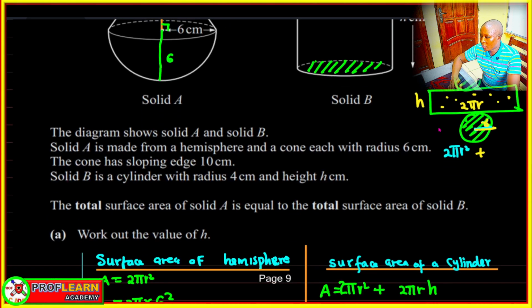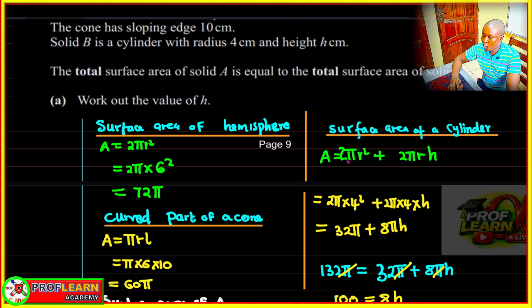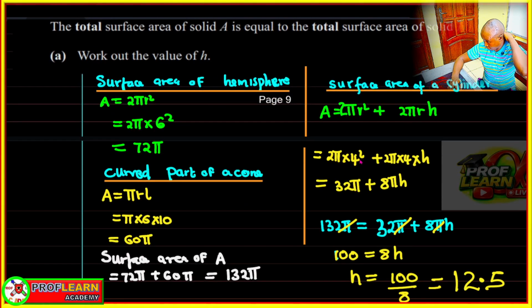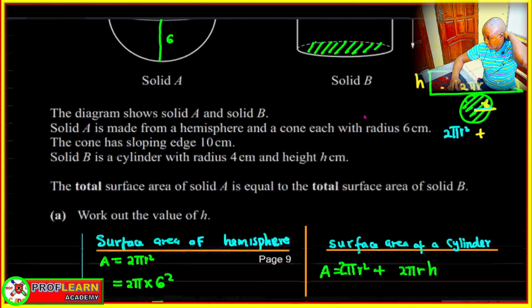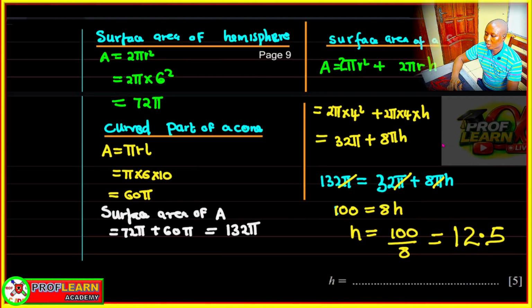So that is going to be 2 pi r h plus 2 pi r squared. 2 pi r squared because of the two circles, the top and the bottom, plus the curved part. If you work it out, you get 32 pi plus 8 pi h.